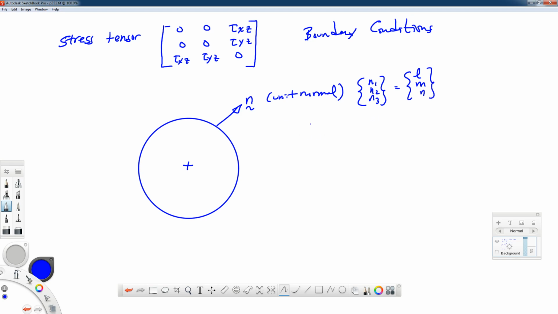The boundary conditions, the tractions, would be the T sub i, and we know that the traction vector components, T sub i, can be determined from the stress tensor, sigma ij nj.